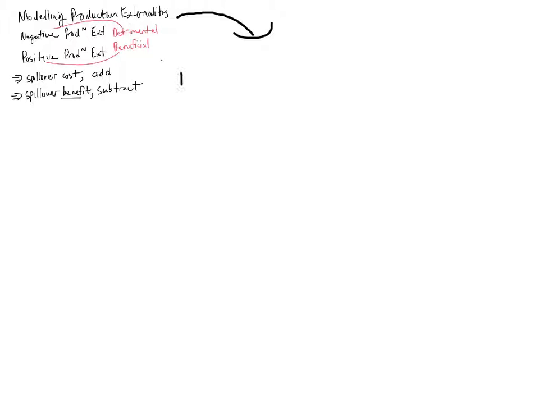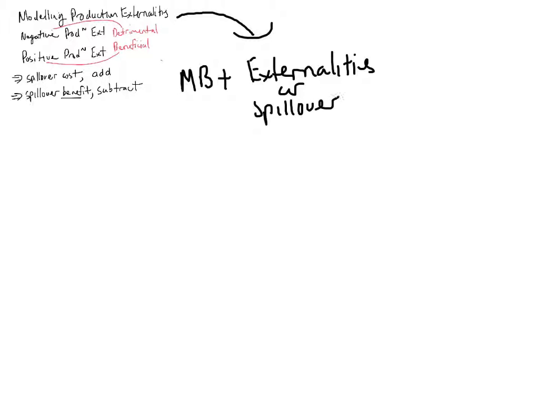So what I can do is write marginal benefit plus externalities, or in other words spillovers, equals the marginal social benefit.